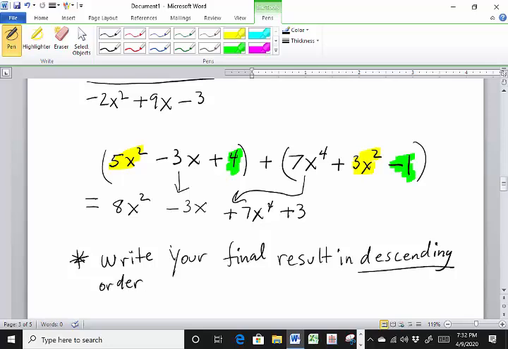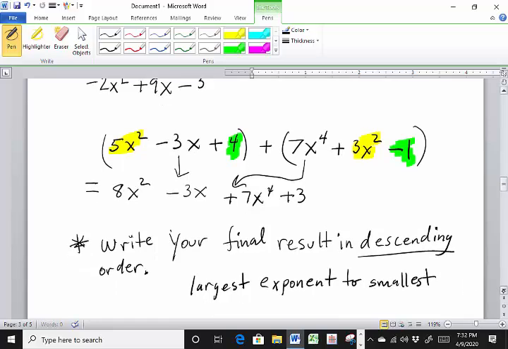Descending means that you're going to write from the largest degree to the smallest degree term. Okay, the largest degree term to the smallest degree term. So that means the largest exponent to the smallest exponent.